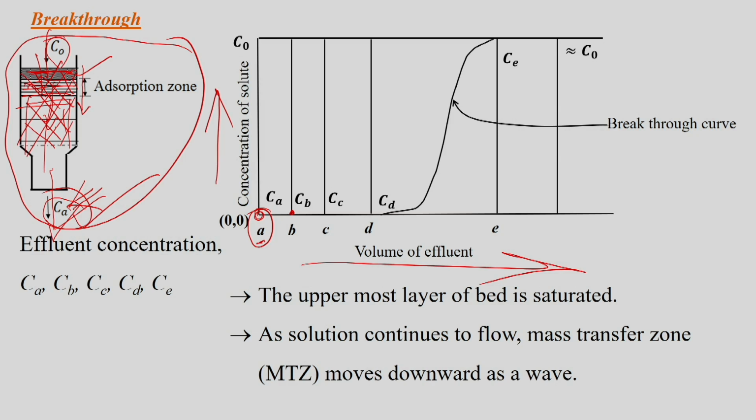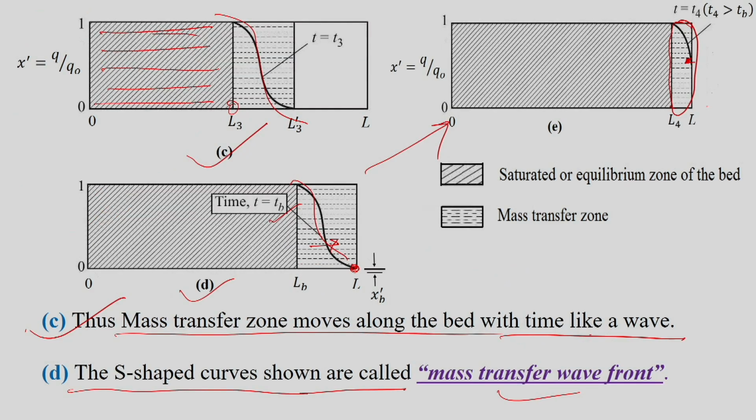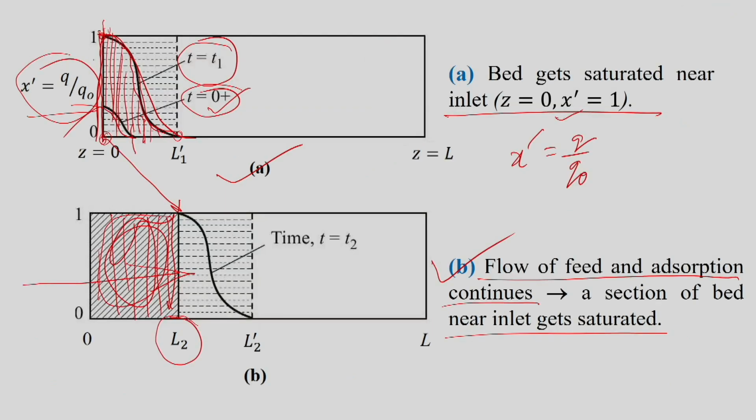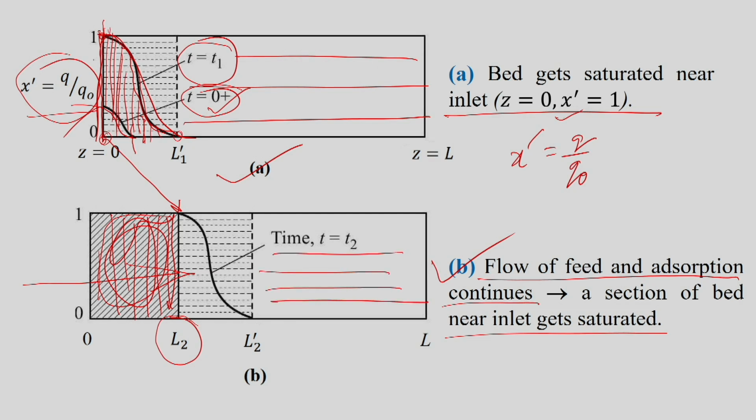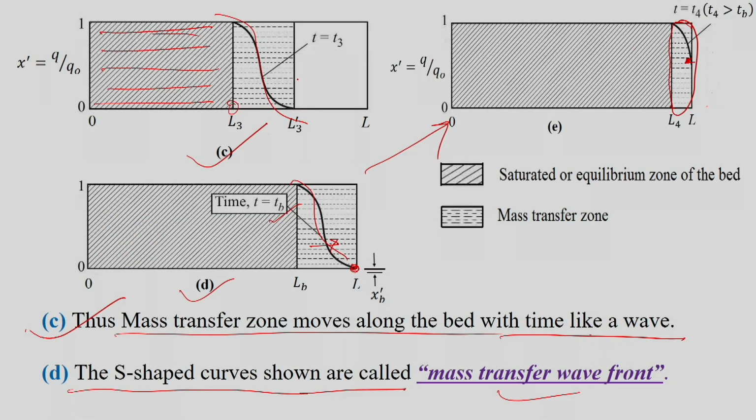If we start from A, this zone is unsaturated, then at B position this is also an unsaturated zone. So, whenever the effluent comes out, C0 will be 0. Here also C0 will be 0. Whenever situation C is there, here also you see the unsaturated zone is there, so here also C0 will be 0.